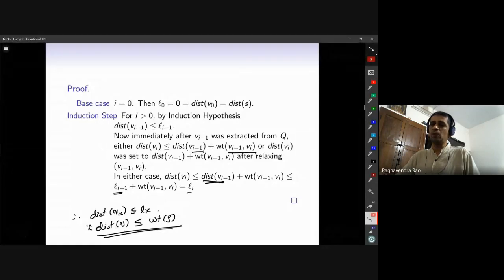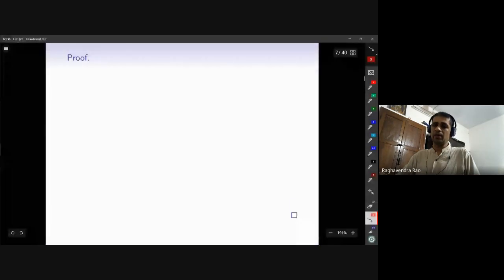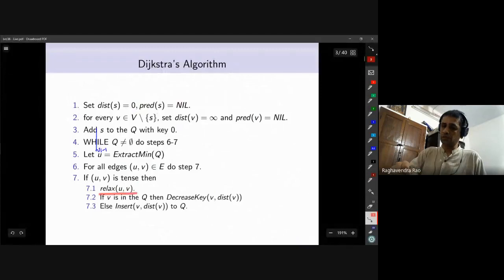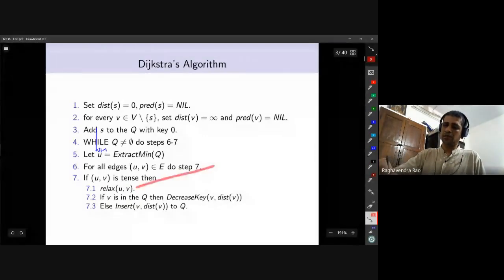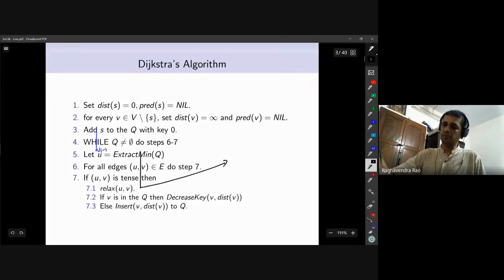That would happen only if a relaxation of the edge vi minus 1 vi happened. Otherwise there is no other way. So the setting of predecessor happens only when you do relax, right? Only relax does. Just to remind, the relax operation is: distance of v is equal to distance of u plus weight uv.